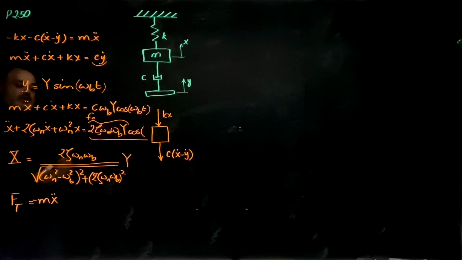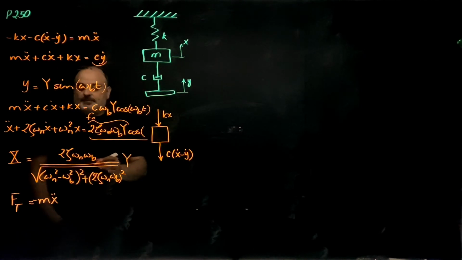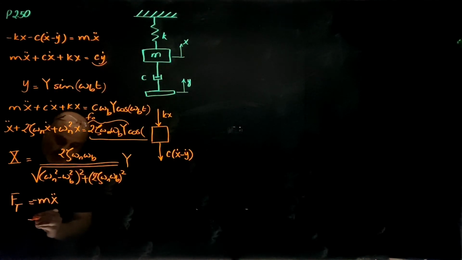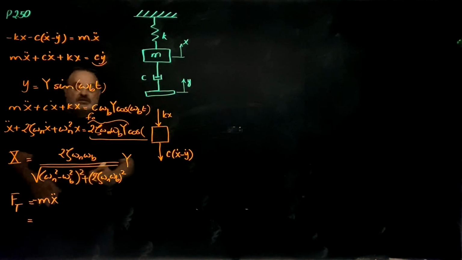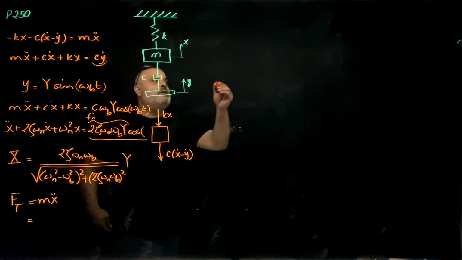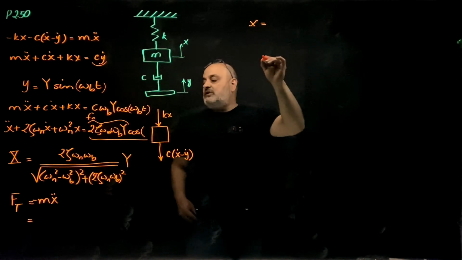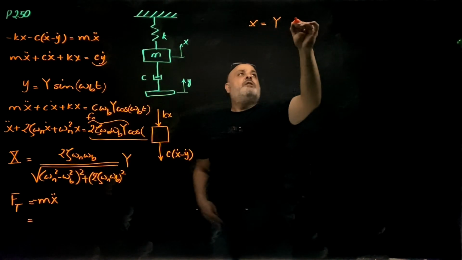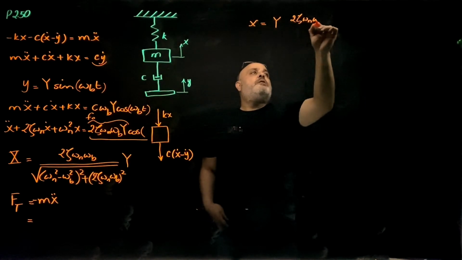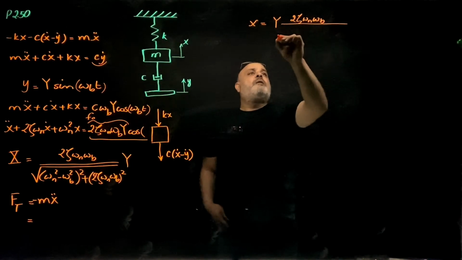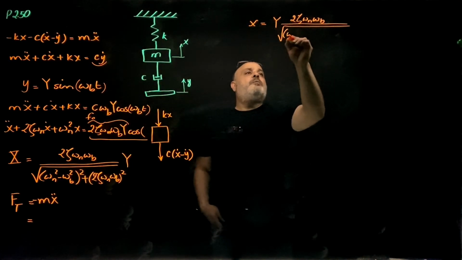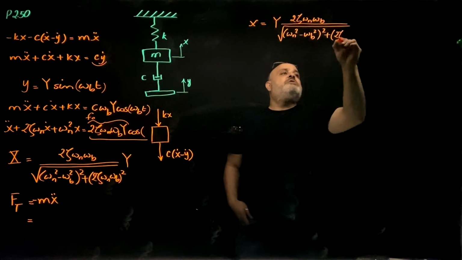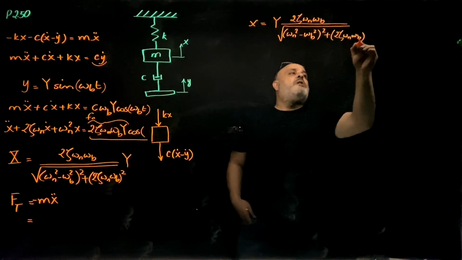And so in this case, x will be amplitude Y, 2 zeta omega n omega b over the square root of (omega n squared minus omega b squared) all squared plus (2 zeta omega n omega b) all squared.